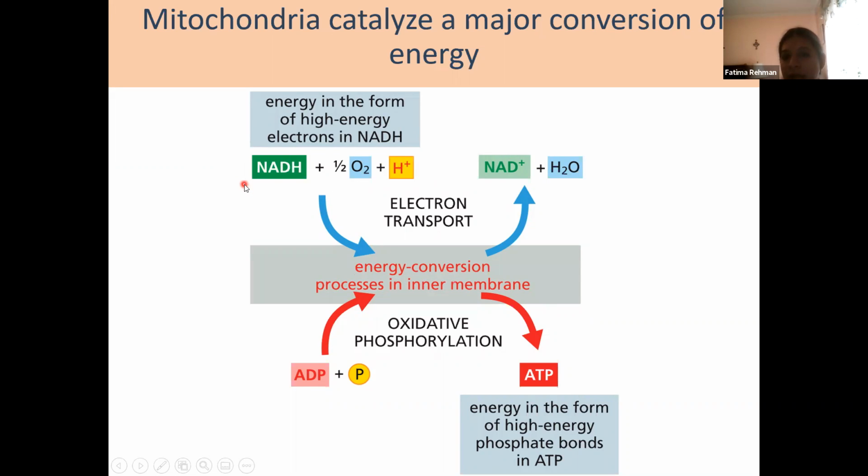So I said 2 NADH would require 1 oxygen molecule and 2 protons. Does that make sense? Yes, thank you, just making sure. Yes. In my head, half an oxygen never makes sense, so I always mentally try to balance it, and I think I just said it that way.